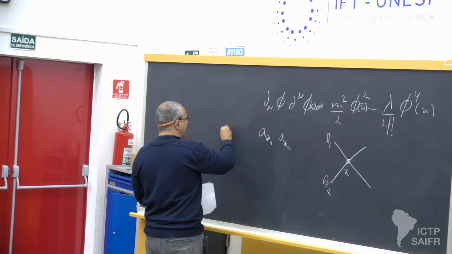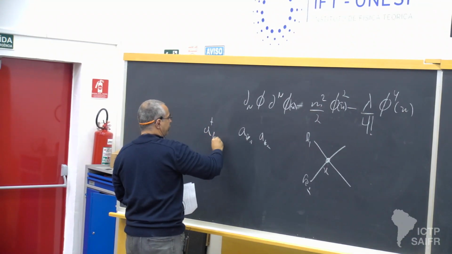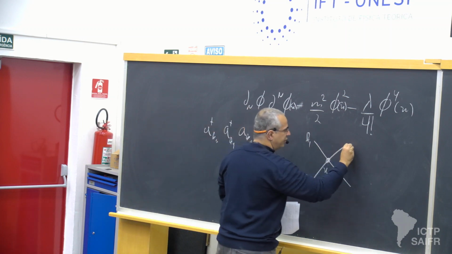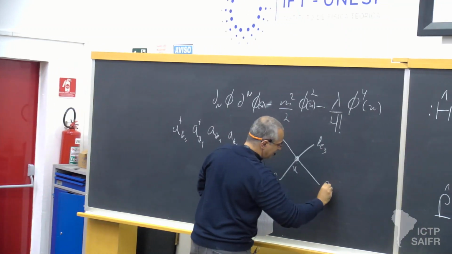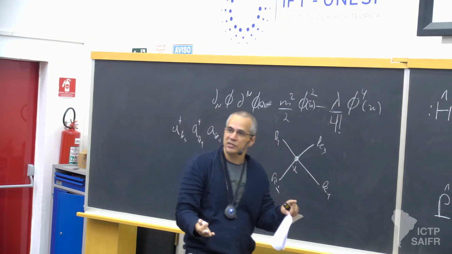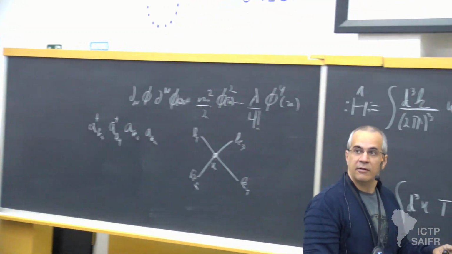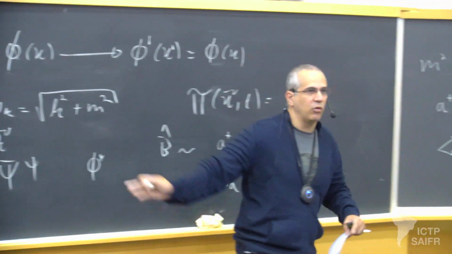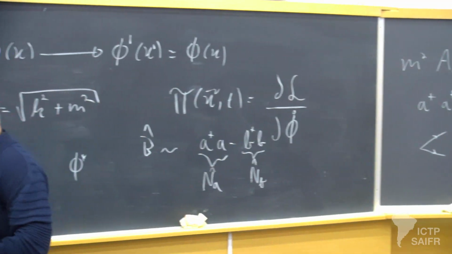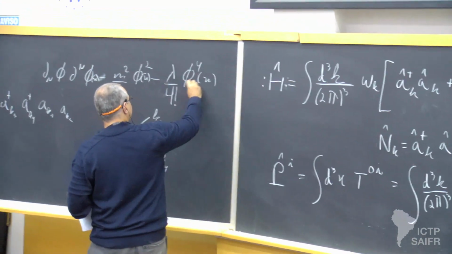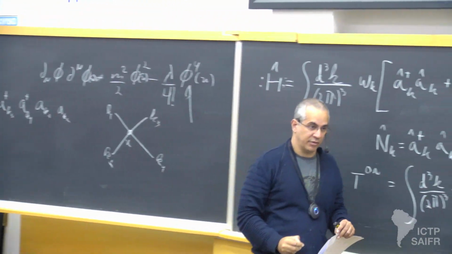And then an A dagger of K3 and an A dagger of K4 creates 2 different particles at the end. I mean, it's the same particle because this field only has 1 particle, but they have exchanged momentum. If they exchanged momenta, they have scattered. And I can calculate the probability for that scattering to happen and compare with experiment. So now this interaction creates the possibility for interaction.